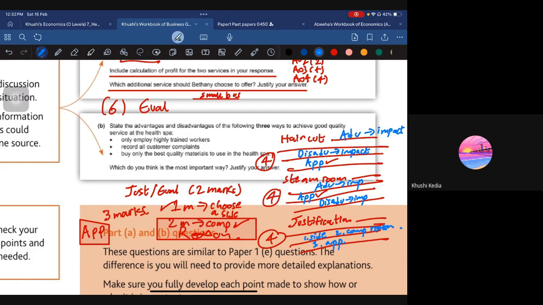Out of those 3 marks, he could give you 1 mark for adding the application, but if it is not linked, then how is he going to mark it? So basically, the 3 marks are for the justification if you are giving a good comparison there. Your comparison should be talking about why choosing, let's suppose, haircut and why not choosing the steam room. It's a big thing to write, right?